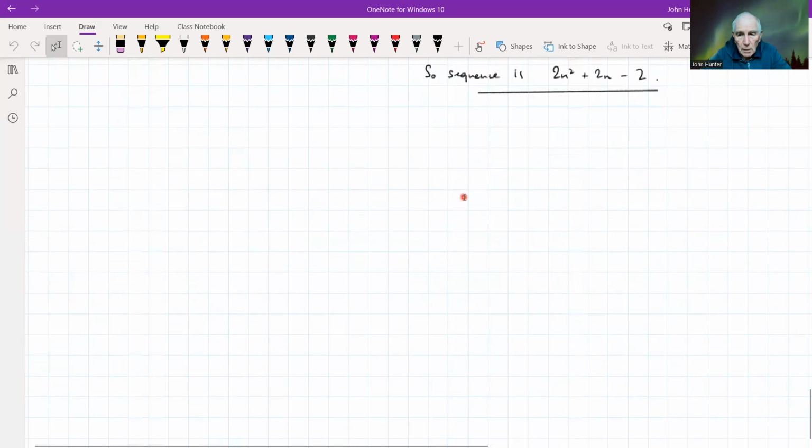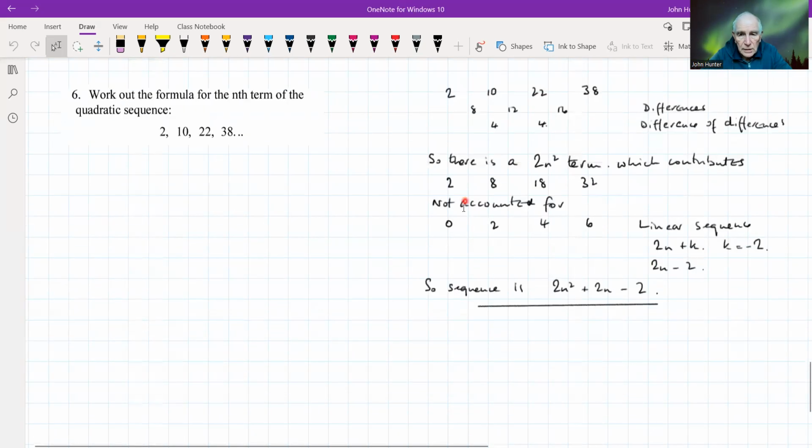Okay, so basically that's it. I think hopefully that's given you an idea. There is more on this in the A-level videos. So this could be an introduction for you for the A-level videos. But if you do the A-level videos, then you're often finding that you have to form simultaneous equations.